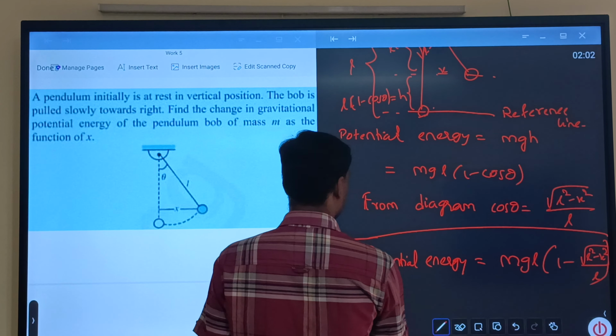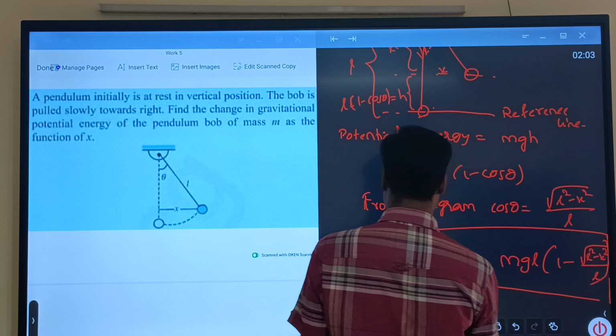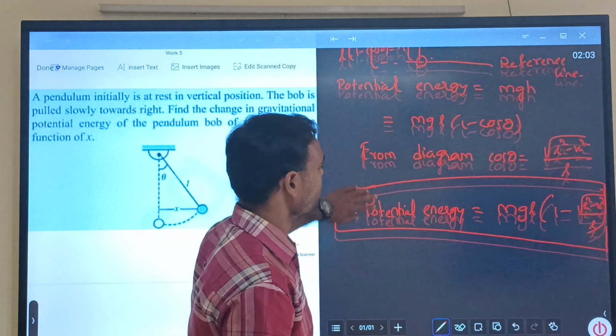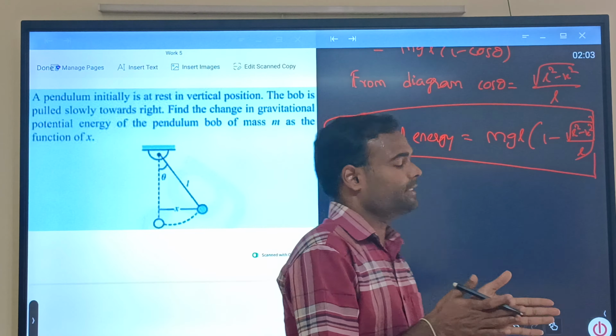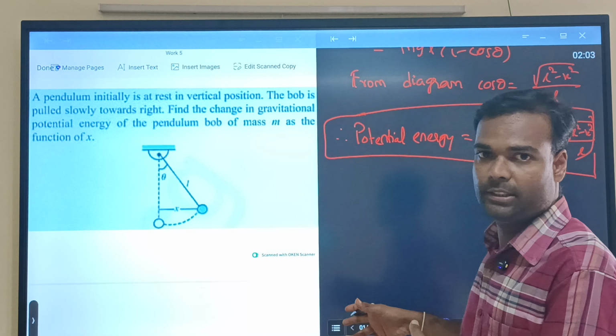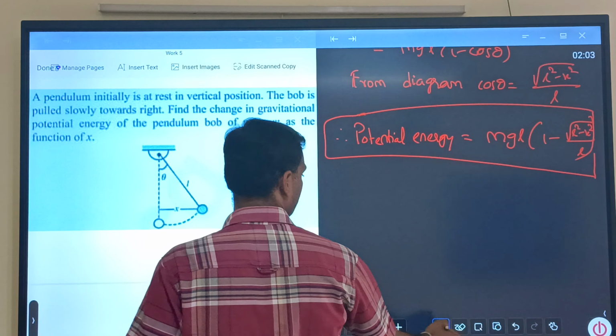This is the answer, right? And this is the potential energy of the bob, right? Then let us go for the next one.